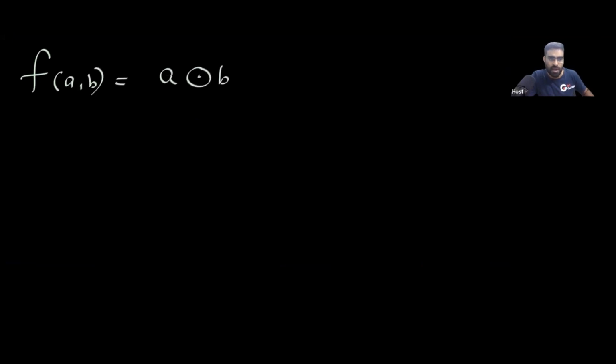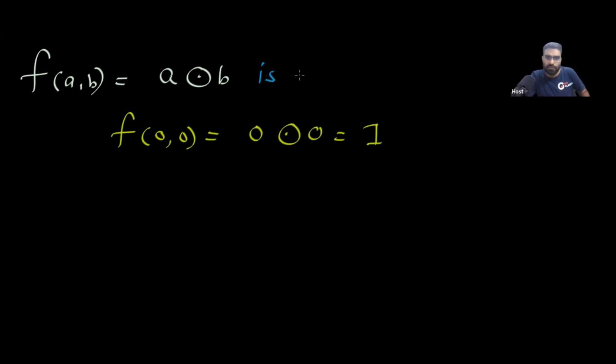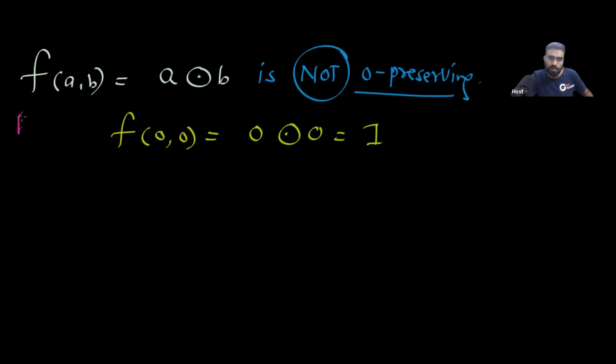If I replace every variable by zero, that means 0 XNOR 0, that is actually 1. So remember, this function is not zero preserving, because if you replace all the variables by 0, you are not getting 0.